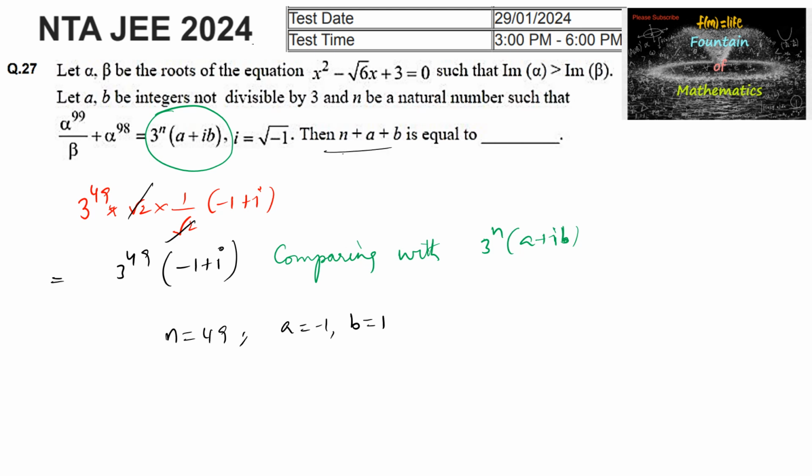So we need to find n plus a plus b, which is equal to 49 minus 1 plus 1. So we can give the answer as 49. So 49 is the answer for this question.